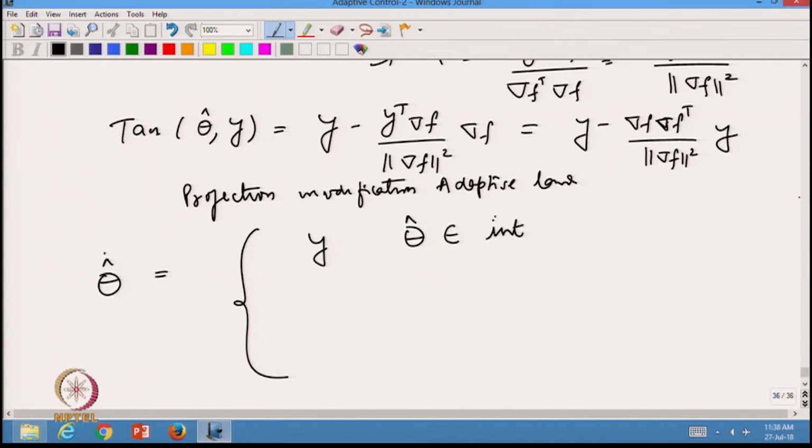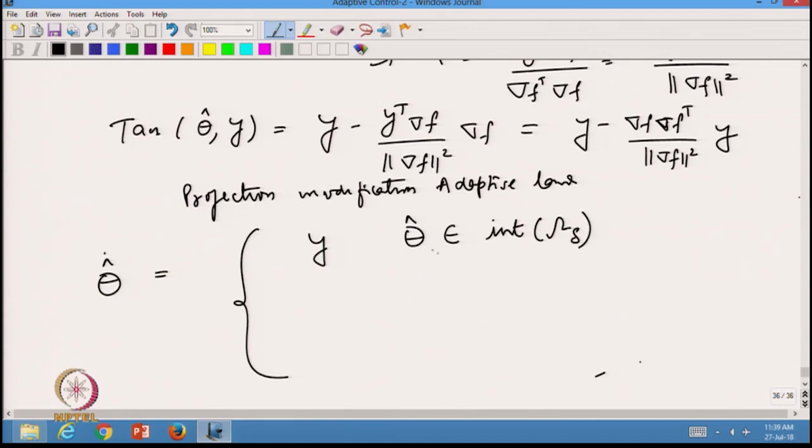So right now I am not precisely mathematically writing down the expression for the interior of the set. I am just using int to denote interior.